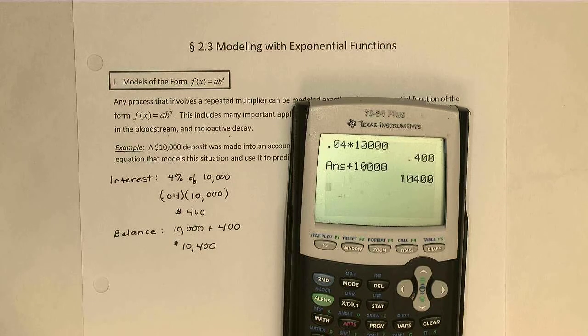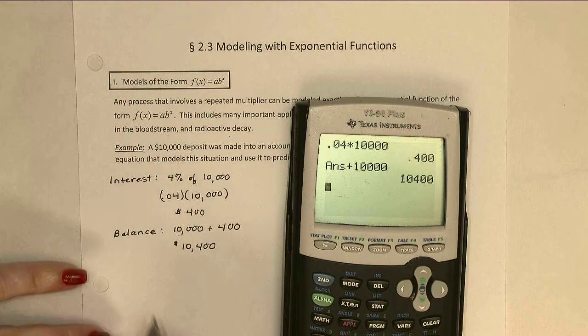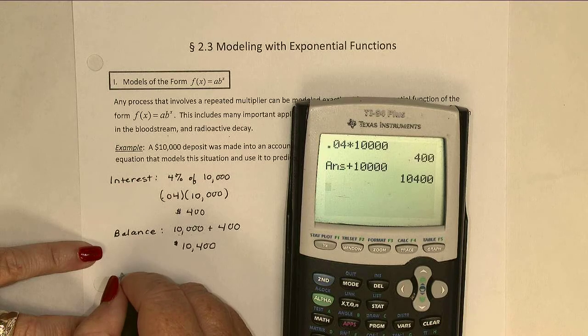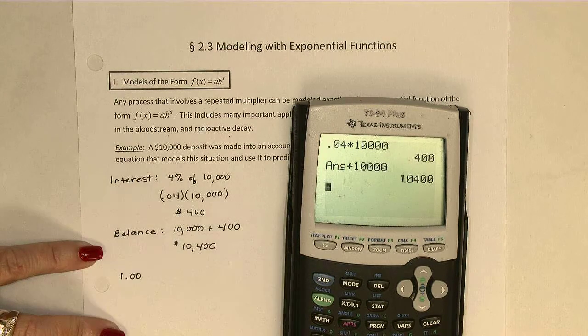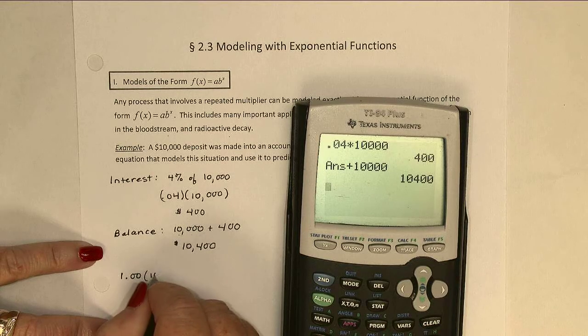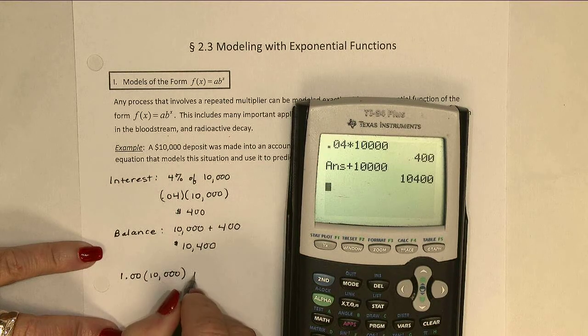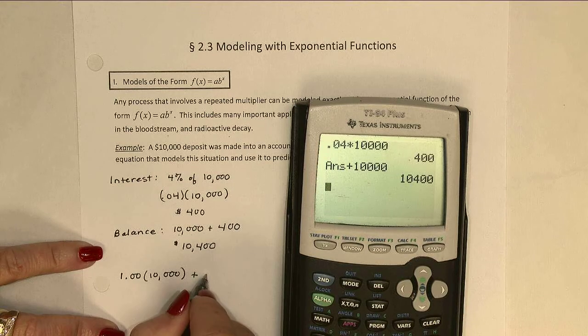So in fact, what we really have is 100%, or 1.00, times our original 10,000, plus the 4%, or 0.04, times the 10,000.